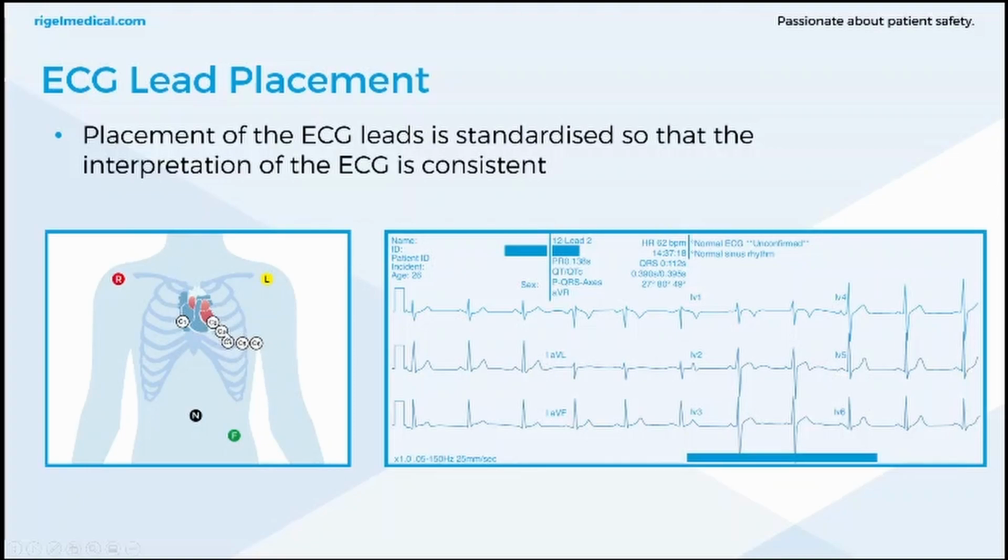So you've got left leg, right arm, left arm, and these limbs can sometimes be referred to as different things, but you'll see that there's a standardized configuration of where ECG leads need to be placed. C1, C2, C3, C4, C5 and C6 are placed across the ribs for further diagnosis. You've got your three lead ECG, which is typically RA, LA, LL. But then you might have a 10 lead ECG, which uses all of the ECG connections.